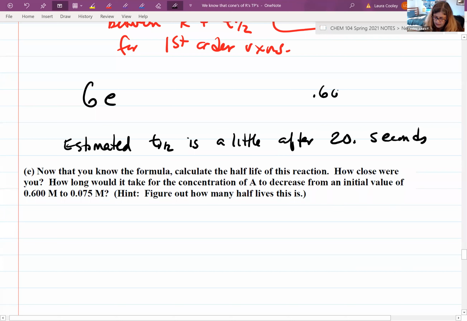Because we had 0.6, point 436, 0.316. This was at 10 seconds and 20 seconds. Okay, so going down to 0.3 would be a little after this.